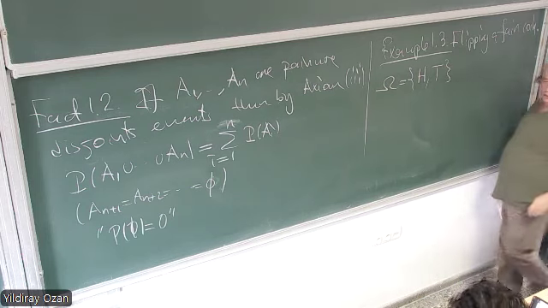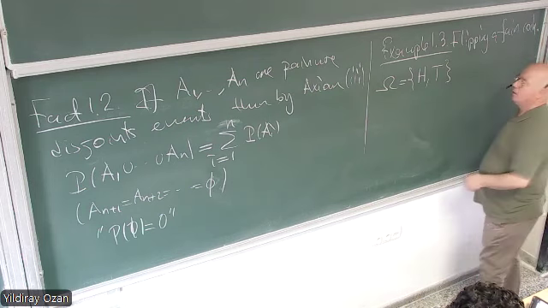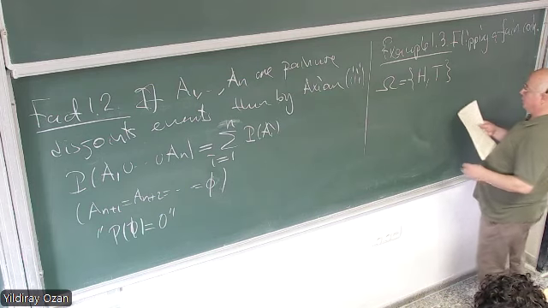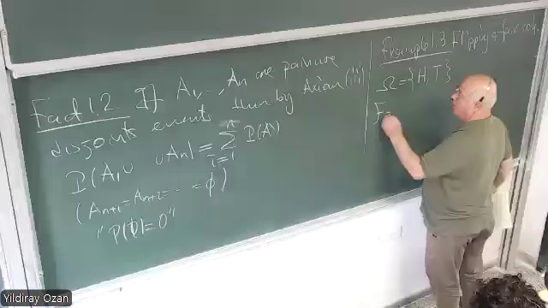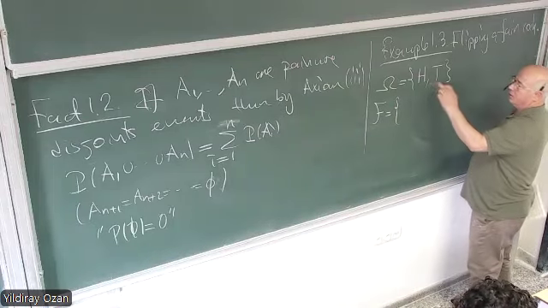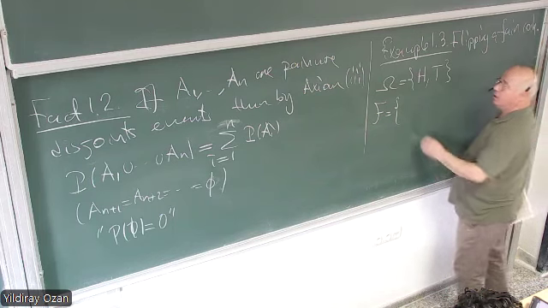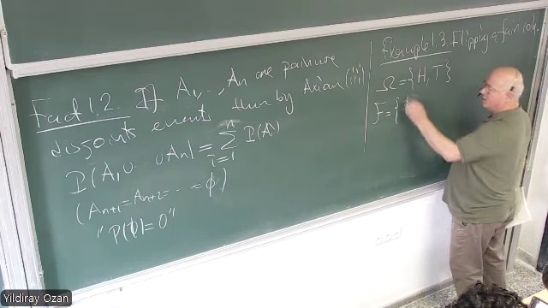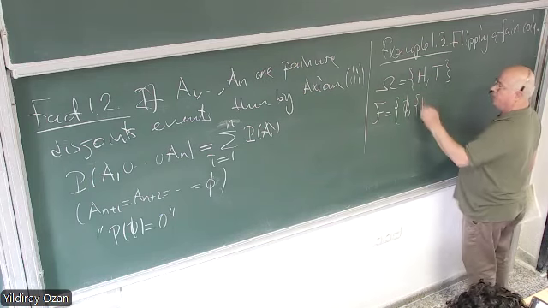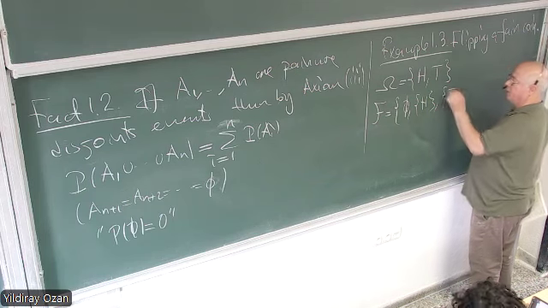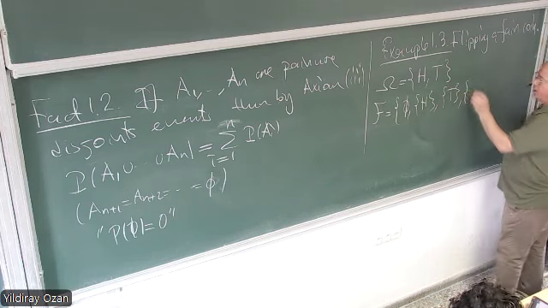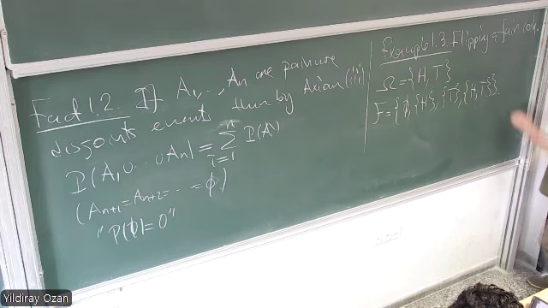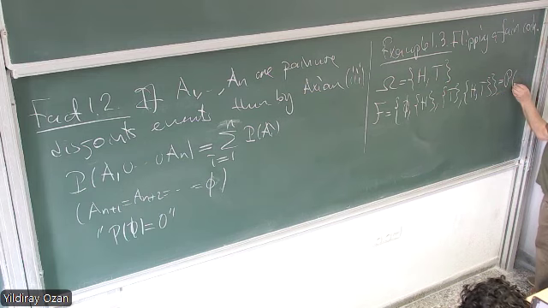In Turkish, we say yazı tura. And what is F? The set of all events. We will just take all the subsets of omega. So empty set, we have this event, we have this event, and we have also omega. In this case, this is just the power set of omega.